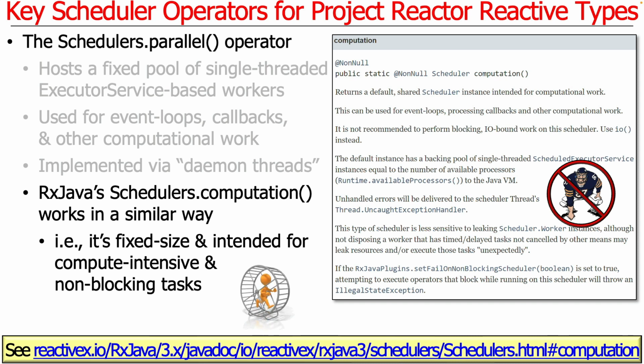There's a method in the RxJava Schedulers utility class called computation that works the same way that parallel does. Once again, why they chose different names is one of life's great mysteries, but it's also fixed size, and it's intended for computation-intensive and non-blocking tasks.